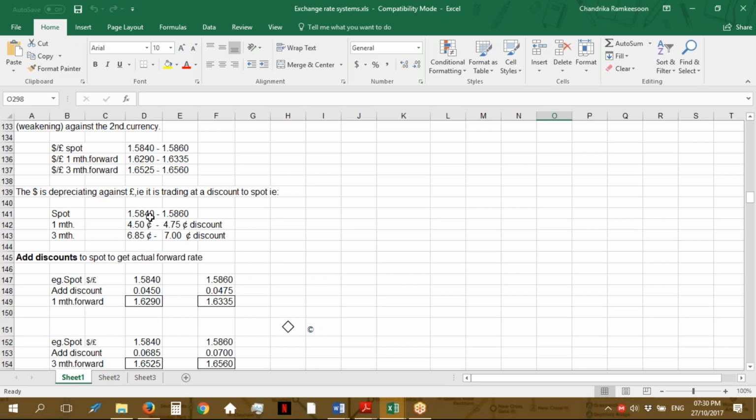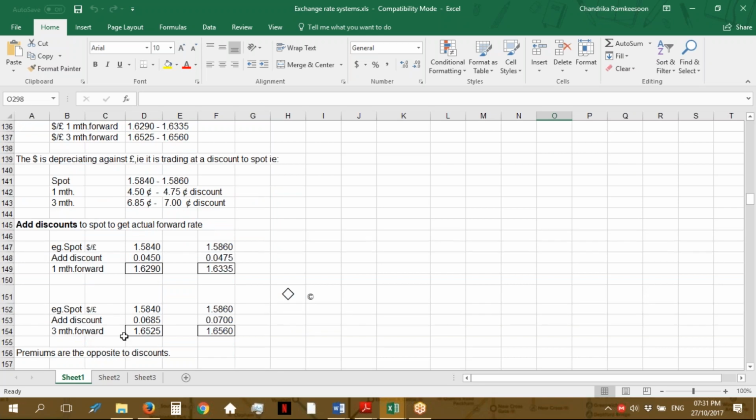So don't enter 4.50 into your calculator as 4.50, because 4.50 cents for a dollar is the same as 4.50 percent. Remember, it's 100 cents to make a dollar. So this would obviously be reflected as 0.0450 and so forth. So just watch out for that. That's important. And again, the 3 month forward, same thing. It's a discount. Add the discount to the spot to get the forward. So he may give you discounts.